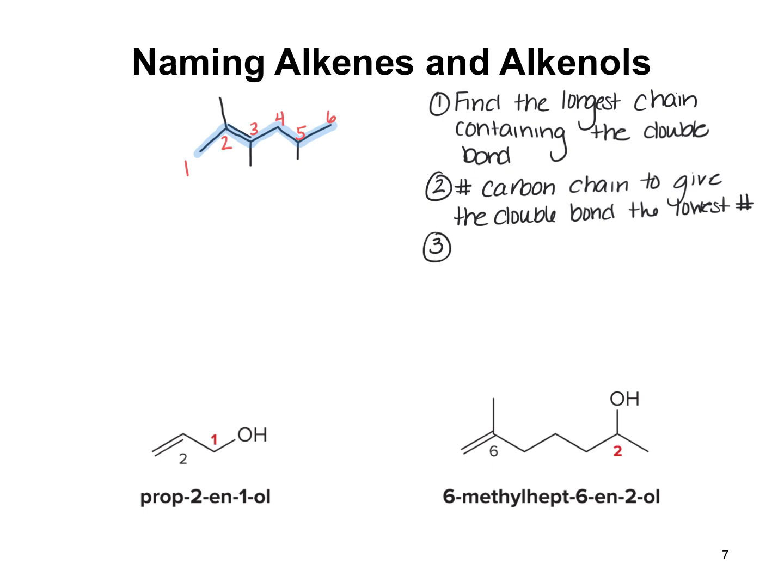We need to drop the ANE ending and add ENE to indicate the alkene. When we do this, we also want to give a locant number to tell us where the double bond is.